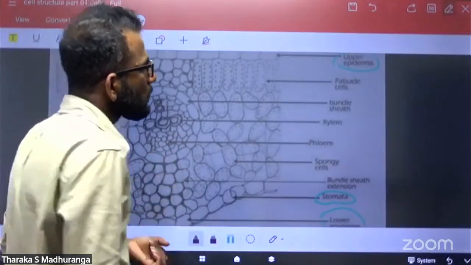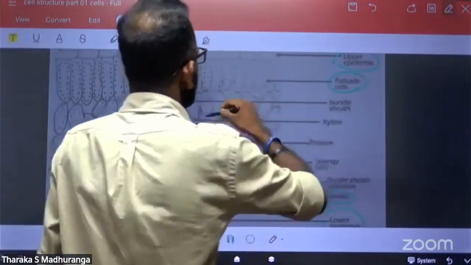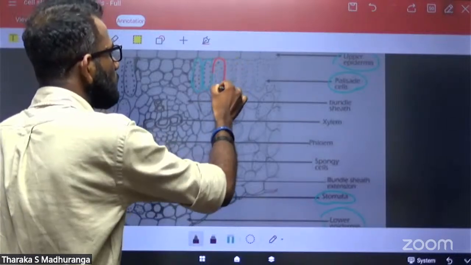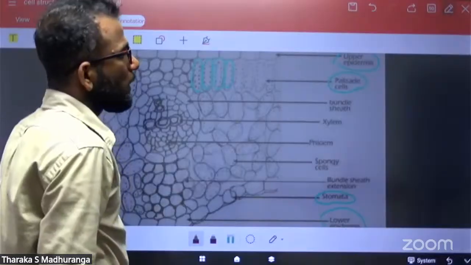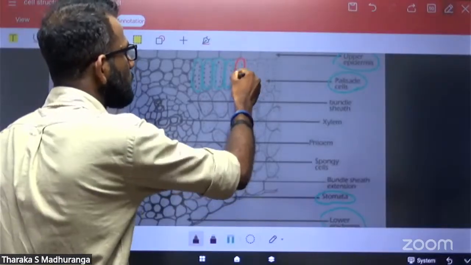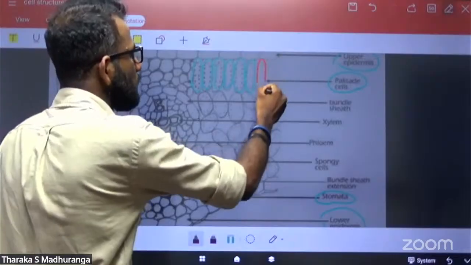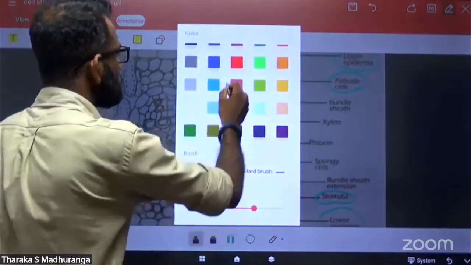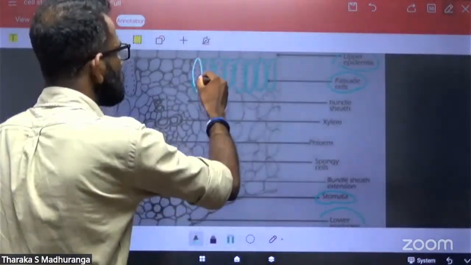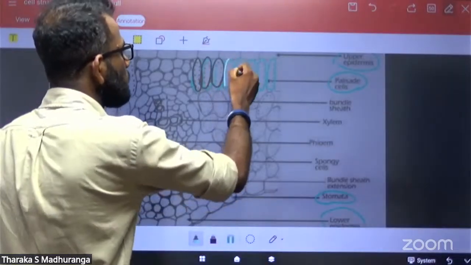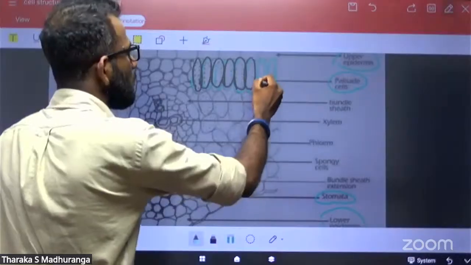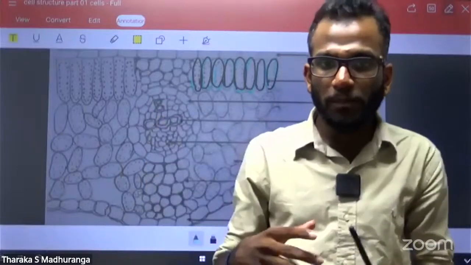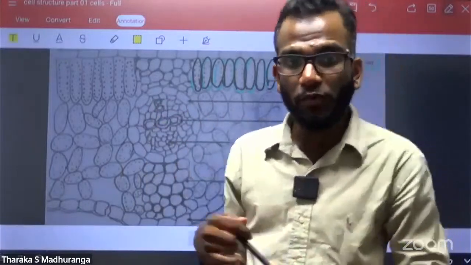Then this is a parenchyma cell type that we call palisade cells, linear in shape, so it mainly contains parenchyma tissue. Okay, these names you need to remember. Parenchyma, as you already know, contains chloroplasts. They do photosynthesis. It is important for the purpose of photosynthesis.